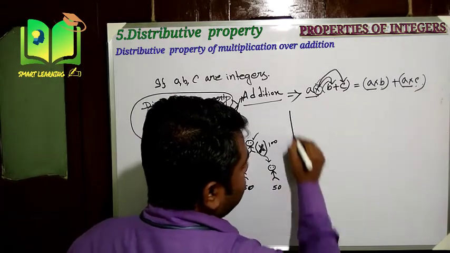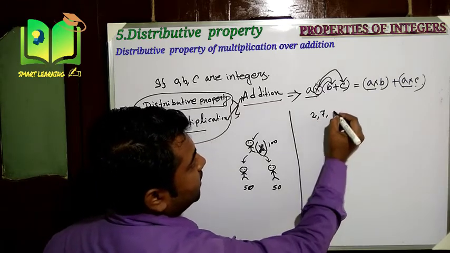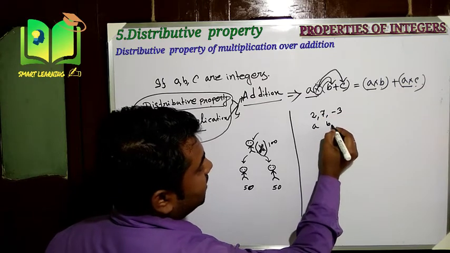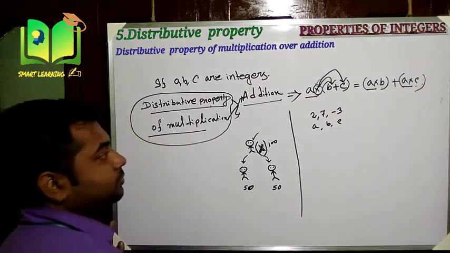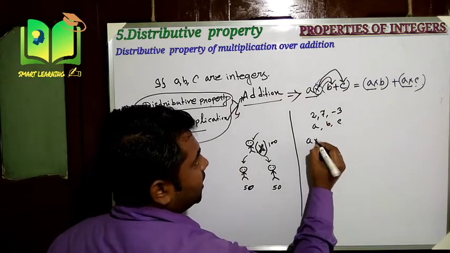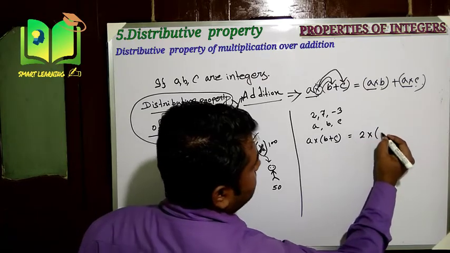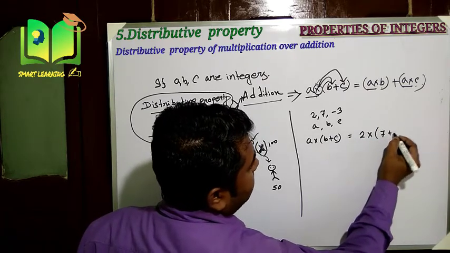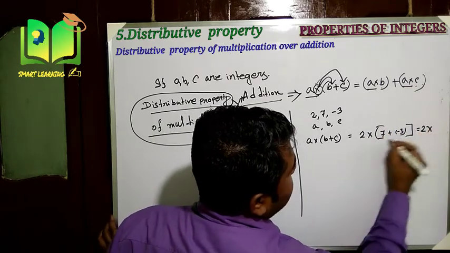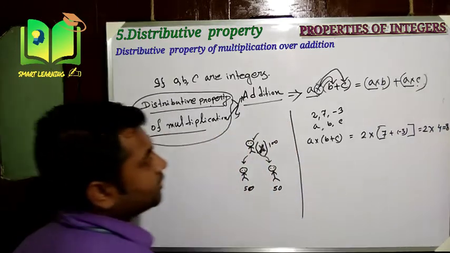I am explaining with an example. Suppose you are taking here 2, 7, minus 3. So here this one is representing A, this one B, and this one C. So first you are going to show A into (B plus C) equals 2 into (7 plus minus 3) equals 2 into (7 minus 3) equals 2 into 4 equals 8.